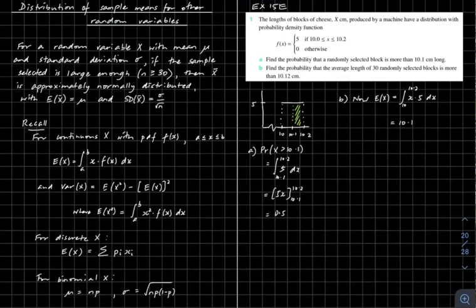To find the variance in x, from which we can get the standard deviation, and therefore the standard deviation for the sample, that's going to be equal to E of x squared minus the square of E of x. That's just going to be the definite integral from 10 to 10.2 of x squared times 5, so 5x squared, minus, well, we already worked out just above that E of x was equal to 10.1.